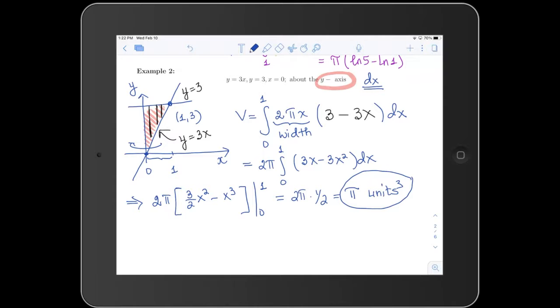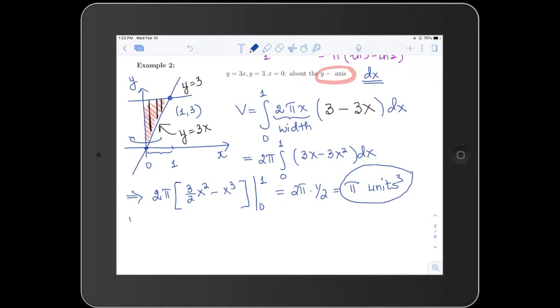Okay, and we can go ahead and check, because the geometric formula for the volume of the cone is known. The volume of the cone is given by 1/3 pi r squared times h, where r is the radius of the base.